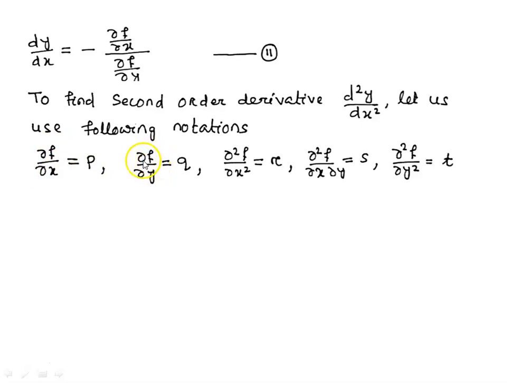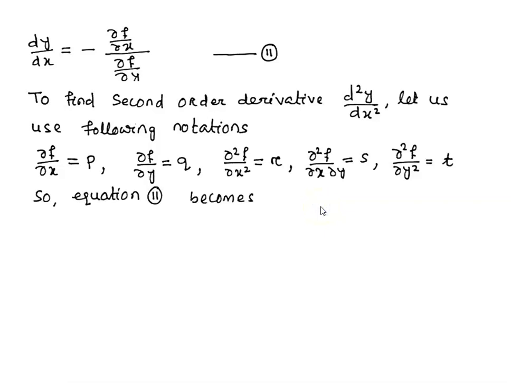Partial derivative of f with respect to y, that means del f by del y, is denoted as q. Second order partial derivative of f with respect to x is denoted as r. And del square f divided by del x del y, that means second order partial derivative of f first with respect to y then with respect to x, is denoted as s. Then the second order partial derivative of f with respect to y is denoted as t.